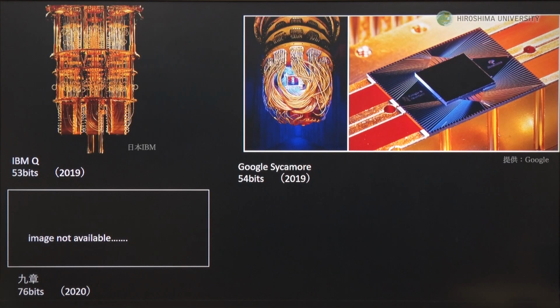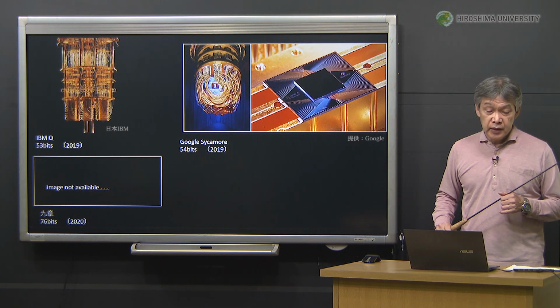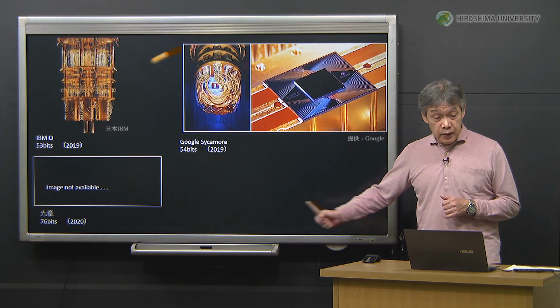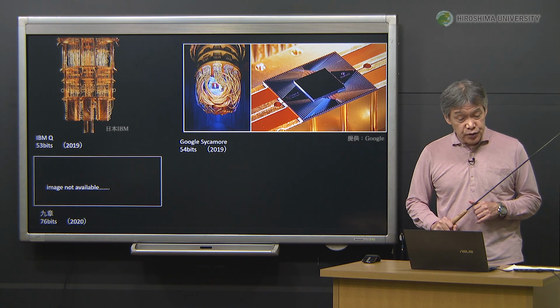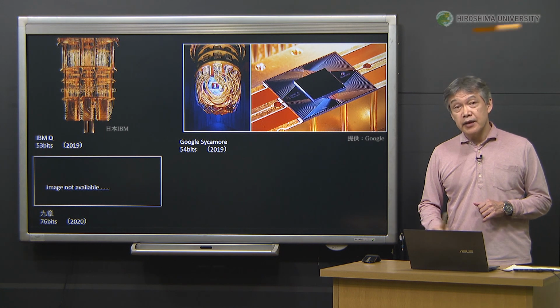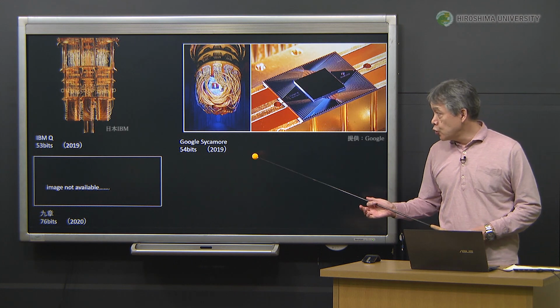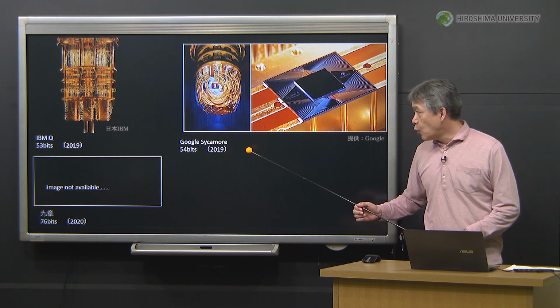Let me introduce you to two famous ones. One is called IBM Q, constructed by the IBM computer company. In 2020, they could construct a quantum computer of 53 qubits. Another example is made by Google, named Sycamore.